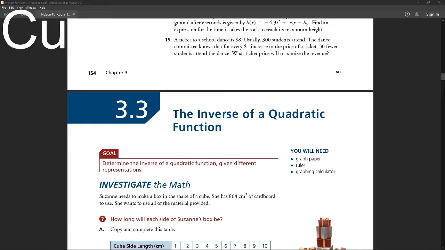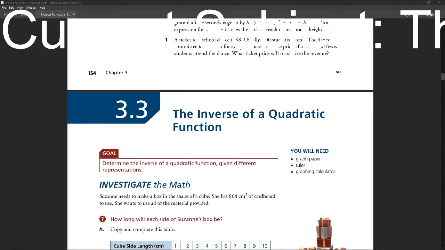Okay. Current subject maybe instead of lesson? Subject. The inverse of a quadratic function.